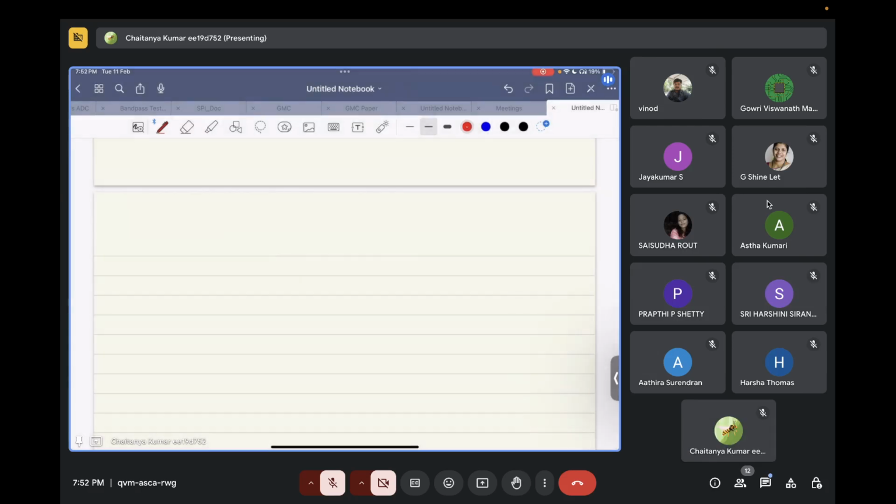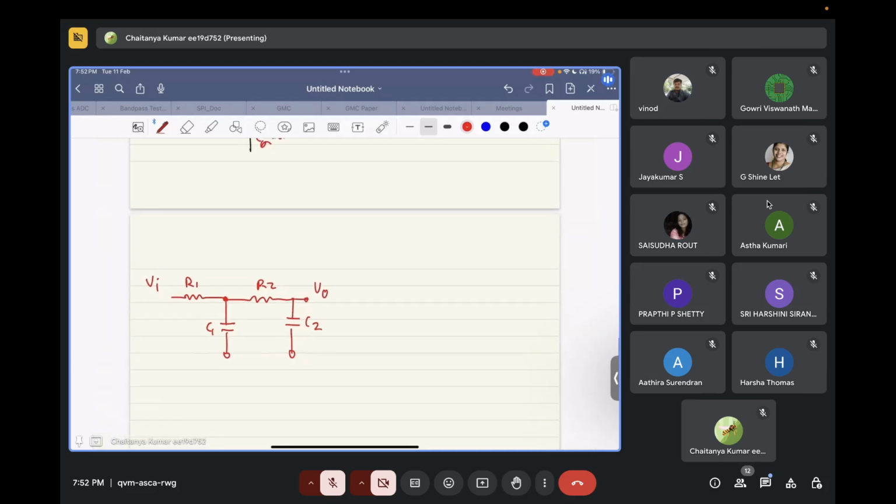So let's try to find out the transfer function of this particular circuit. This is input and this is output. So first of all, can you quickly tell me what is the order of the circuit?